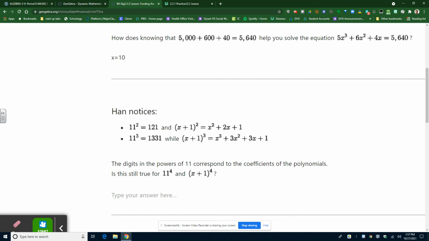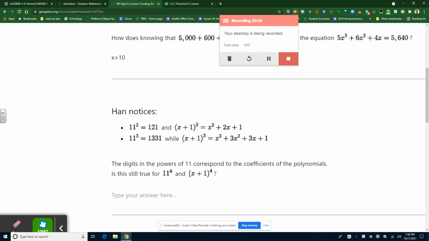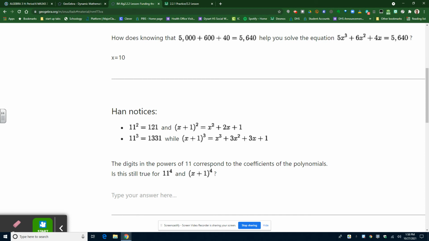Using your knowledge of what you got in Desmos, see if you can write the expanded version, the polynomial that is (x + 1)^4. Take a few moments. So first find 11 to the 4th power. You've got to do that first.